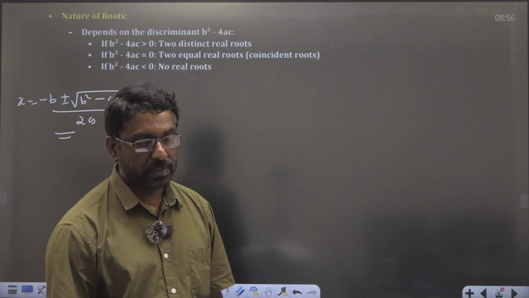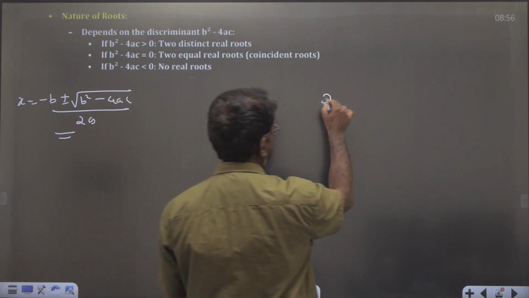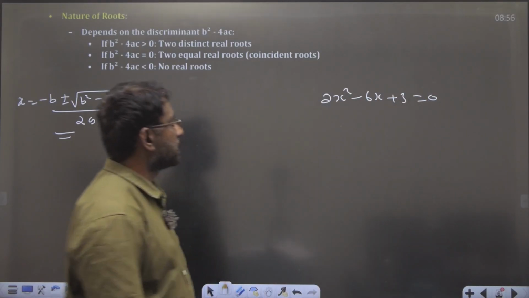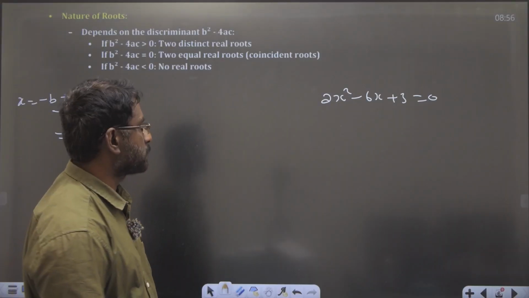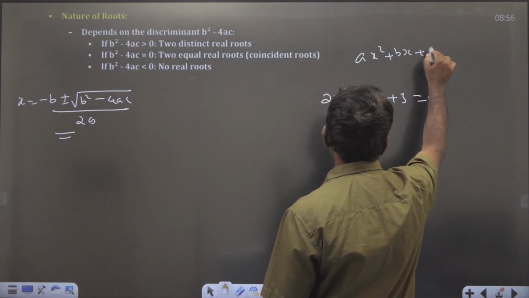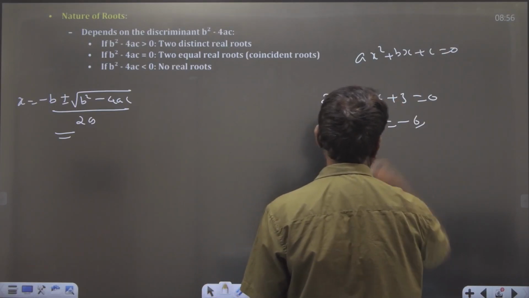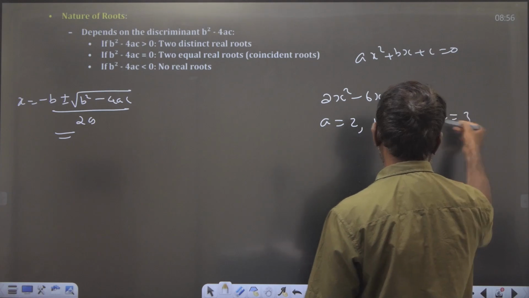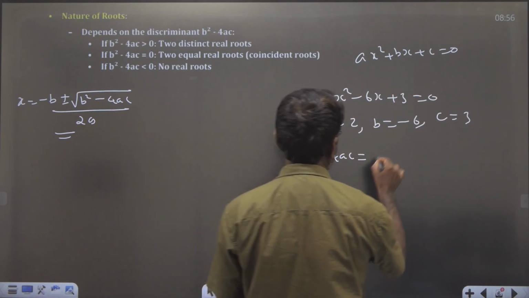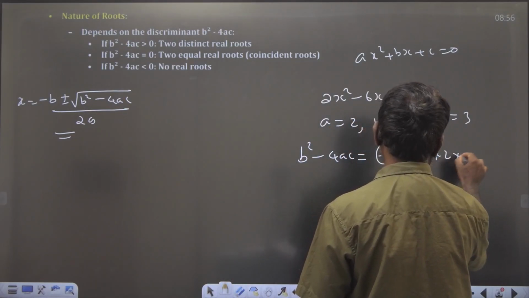Find the nature of the root of the quadratic equation 2x square minus 6x plus 3 equal to 0. Compare with ax square plus bx plus c equal to 0. What is a? a is equal to 2, b equal to minus 6, c is equal to 3. Then b square minus 4ac is minus 6 square minus 4 into 2 into 3.